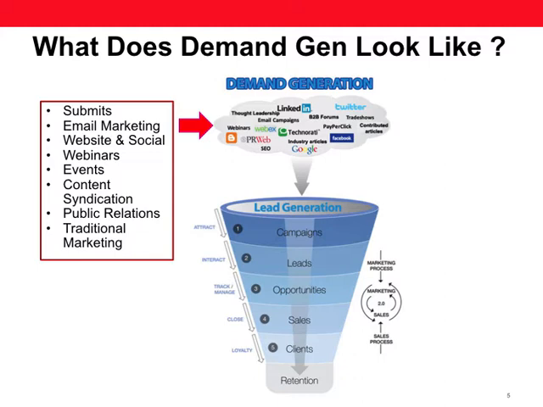But if they aren't ready to buy now, that doesn't mean they'll never buy. Sales can return those leads back to marketing for further nurturing. Marketing can re-engage those leads and try again to reach that benchmark level of interaction to return them back to sales for further conversations. And here are some examples of what demand generation looks like.